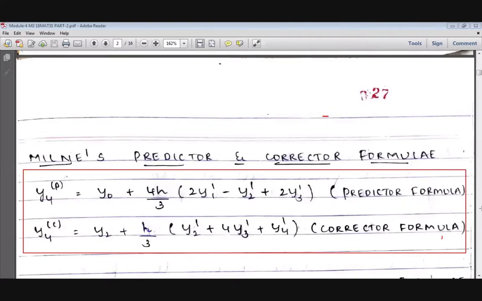This is the predictor, meaning it will predict the value. Around this value, the accurate value will come. This corrector value will make this predictor value more accurate. y4 of c is equal to y2 plus h by 3 times (y2' plus 4y3' plus y4'). This is the corrector formula. Write the formula.